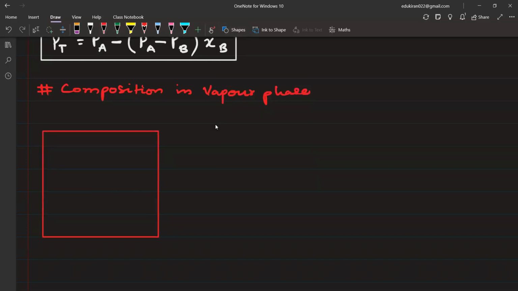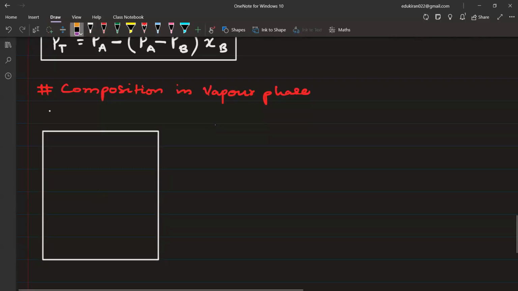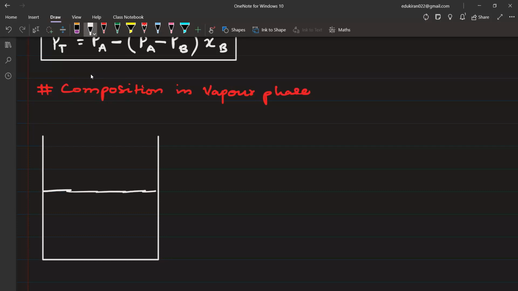Simply speaking, suppose we have a solution here with A and B, both of them. A is present in chi A, and the amount of B is chi B. This is the mole fraction, the composition of the liquid phase.